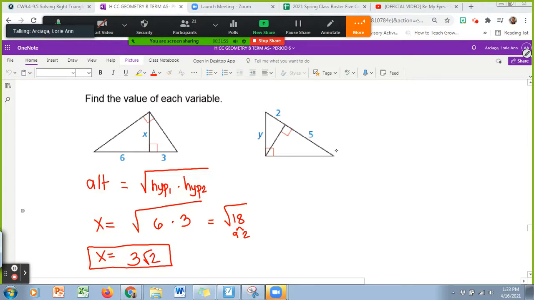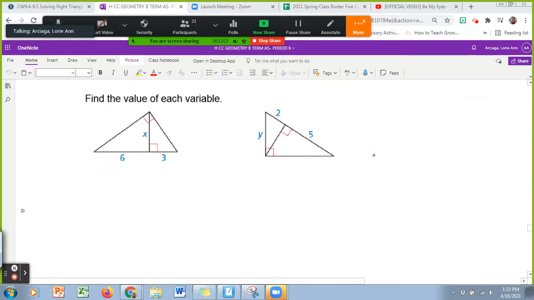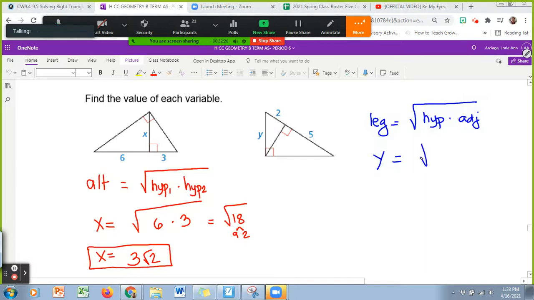Alright, so now in the second picture, we're not looking for this altitude. We're looking for y, which is an outer leg, right? So we use the leg formula, which is the square root again of the hypotenuse times the adjacent segment, however you want to call it. Okay, so the variable on the leg is y, equals square root of, look, your hypotenuse, it's going to be the whole thing.